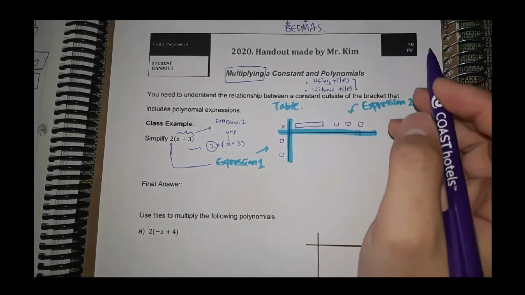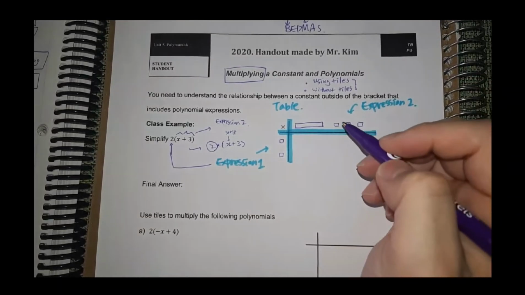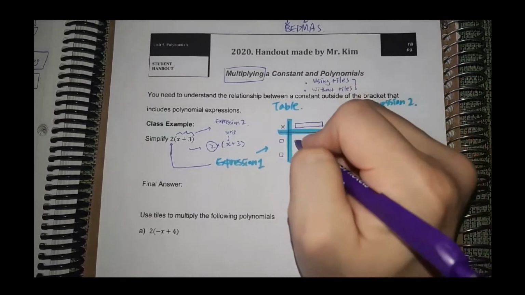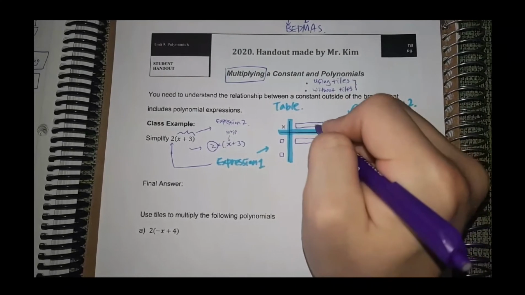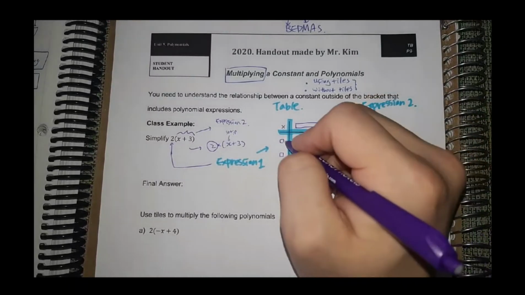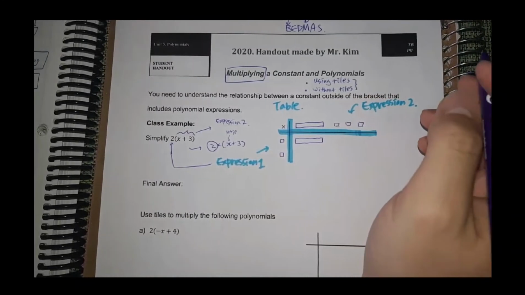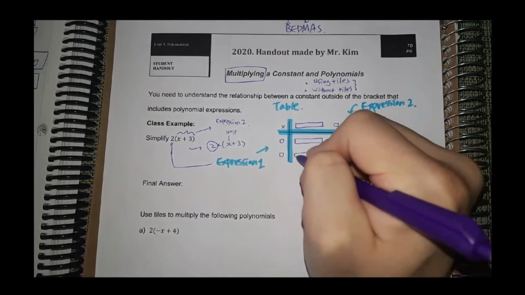Now here's what you do. When you have a strip and a small square, I want you to follow the bigger one. What I mean by that is a strip has more surface area compared to the square one. So strip and square combined together make a strip.